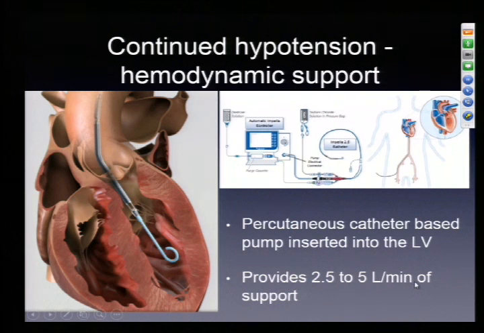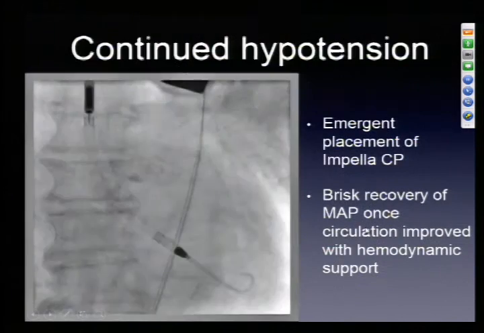So 5 liters per minute would be full hemodynamic support. Basically it's just getting a wire across into the ventricle, placing this catheter in there, and then there's an inlet port and an impeller within this area, and then it sucks blood from the ventricle and ejects it out here in the aorta, and then improves the hemodynamics of the patient. It unloads the ventricle and improves blood flow as well as blood pressure.